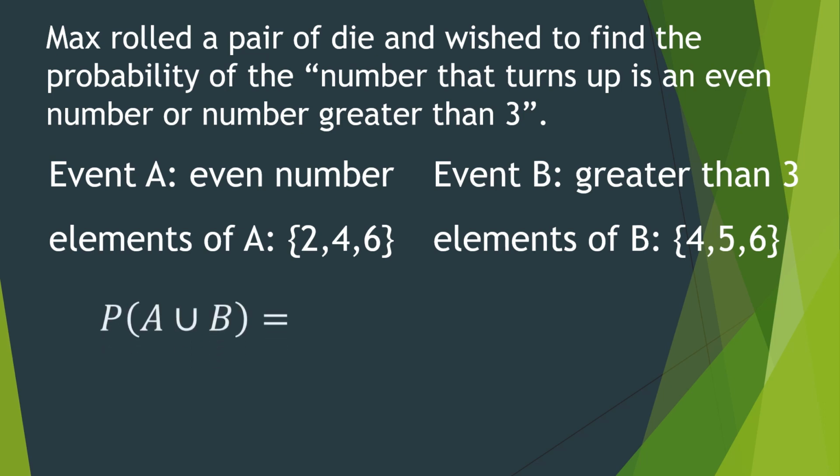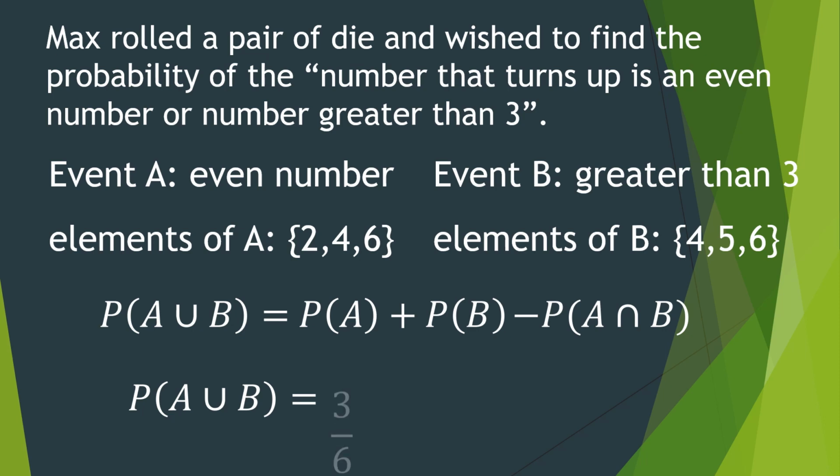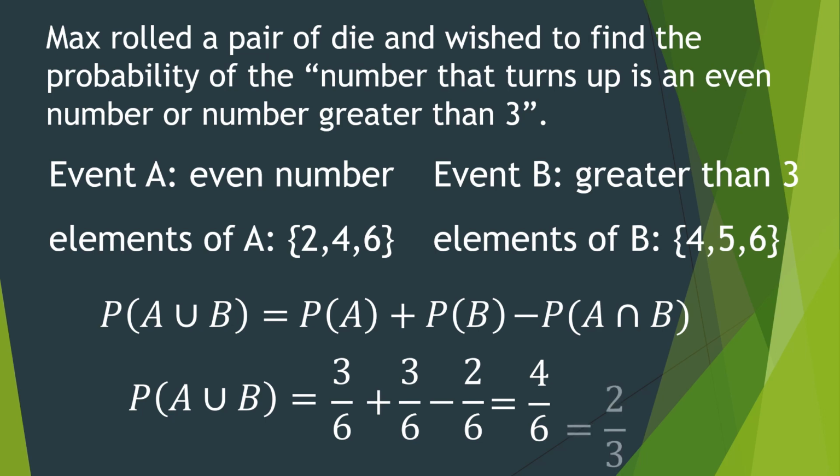With that, we can say that the probability of A union B is equal to probability of A plus probability of B minus the probability of A intersect B. So the probability of A union B is equal to 3 over 6 plus 3 over 6 minus 2 over 6, and that is equal to 4 over 6. And in lowest terms, that is 2/3.